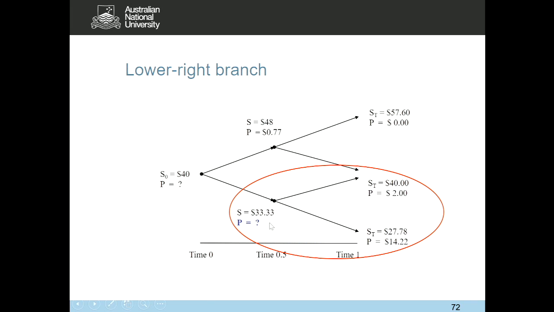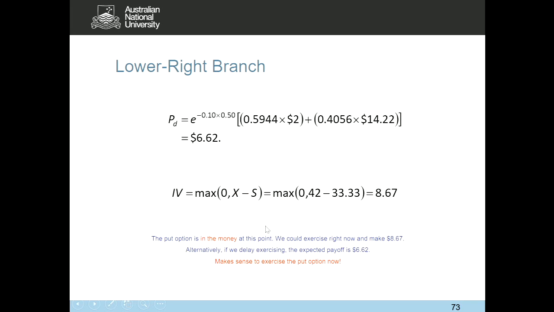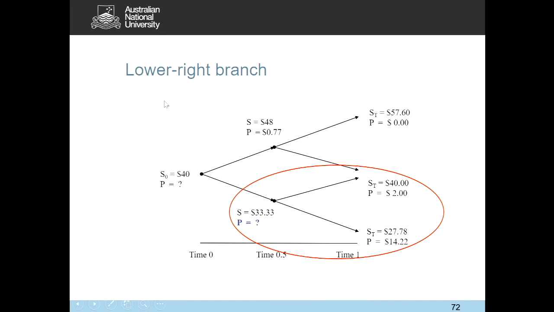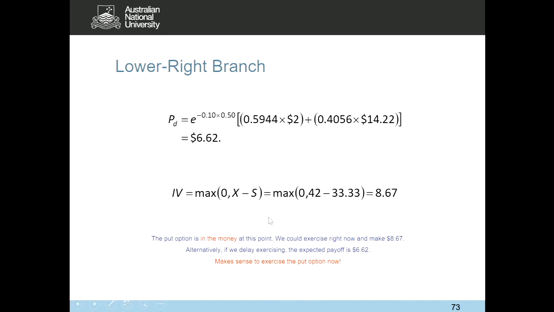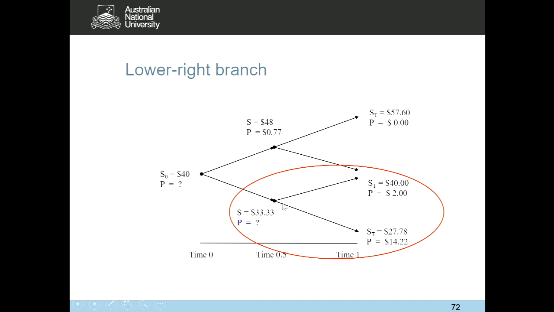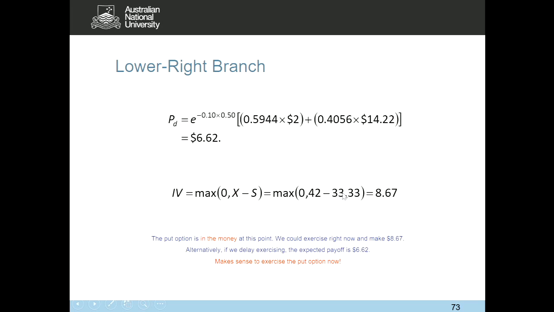Now, before you write down $6.62 in this node, we need to do one more extra step. That is checking, shall we exercise this put option today? How do we check that? We simply check the intrinsic value by taking the strike price minus the share price at this node. The share price is 33.33. So 42 minus 33.33, that's $8.67.